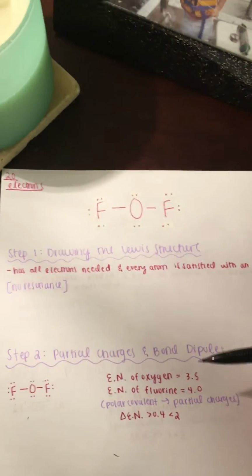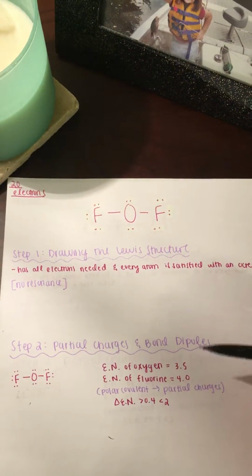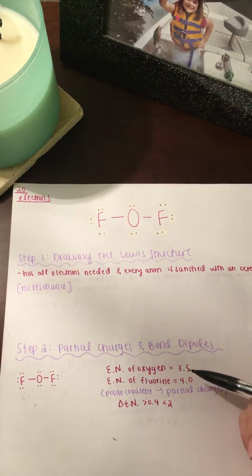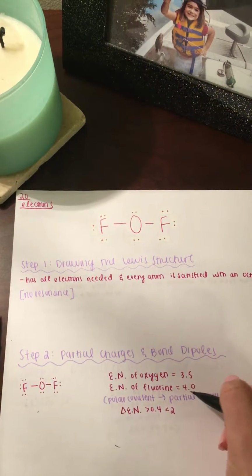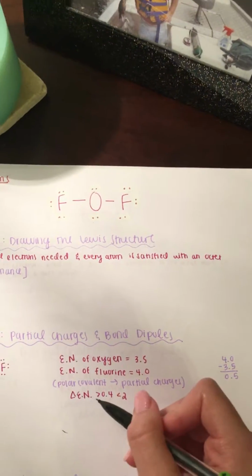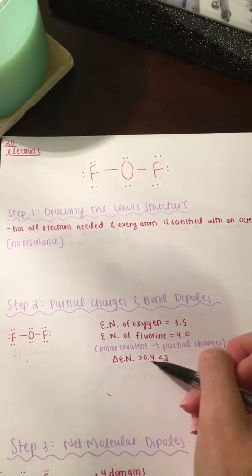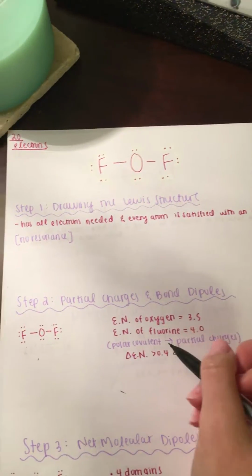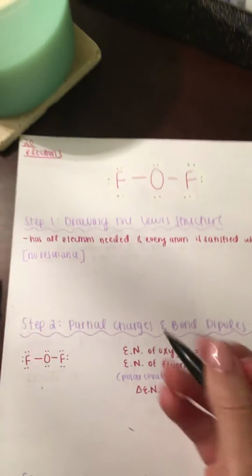So we can go straight to the partial charges and the bond dipoles. Oxygen has 3.5 electronegativity, fluorine has 4.2, so we subtract, and we get a 0.5 net electronegativity, which again is greater than 0.4 and less than 2, so we have polar covalent bonds and partial charges.